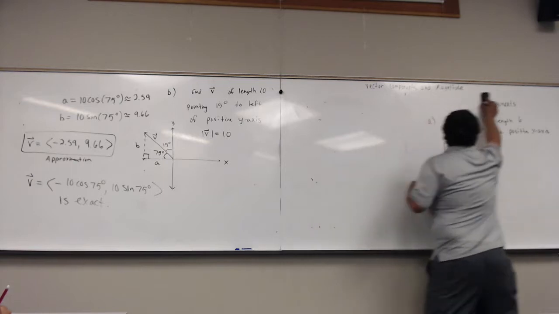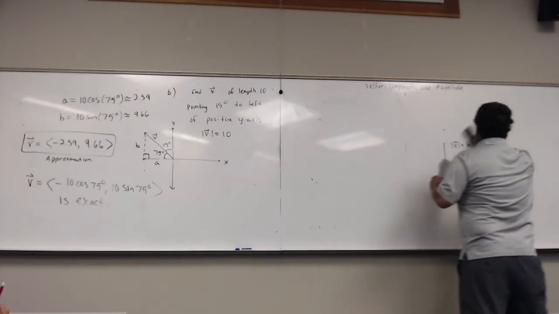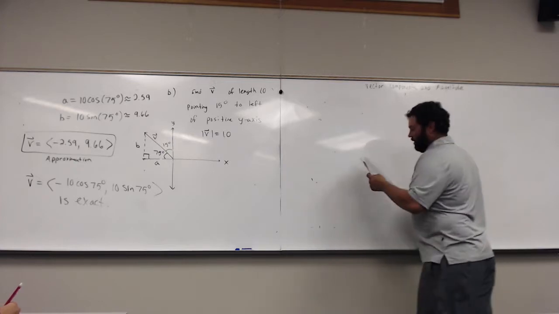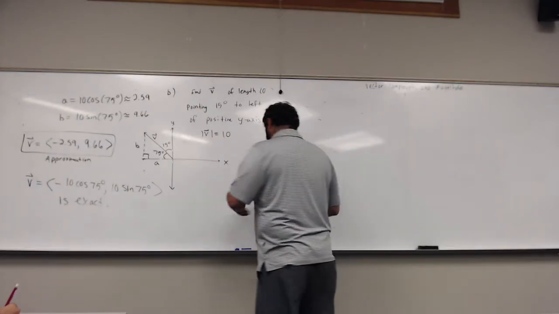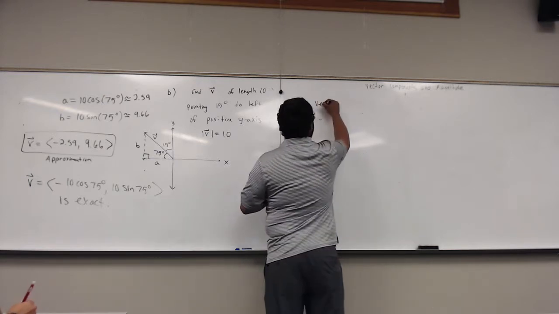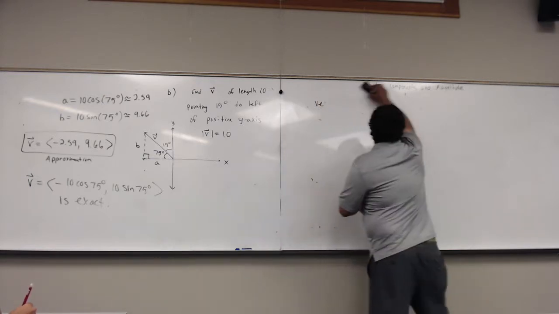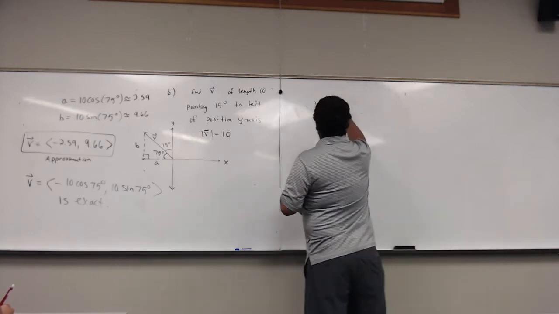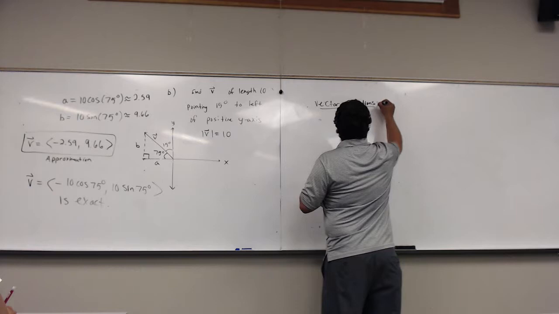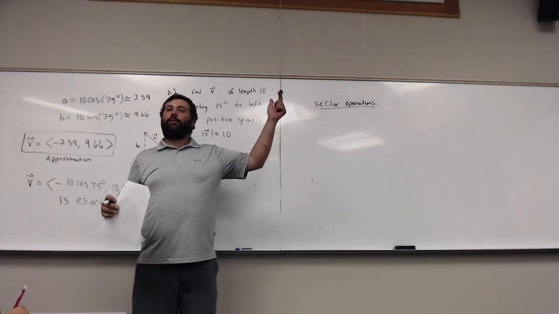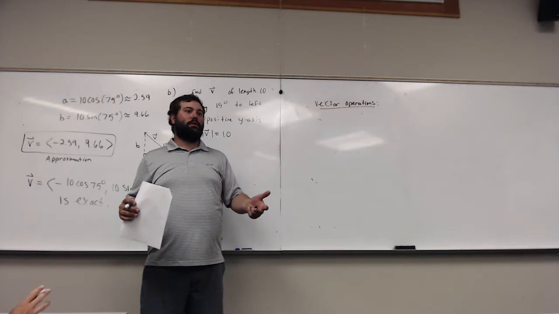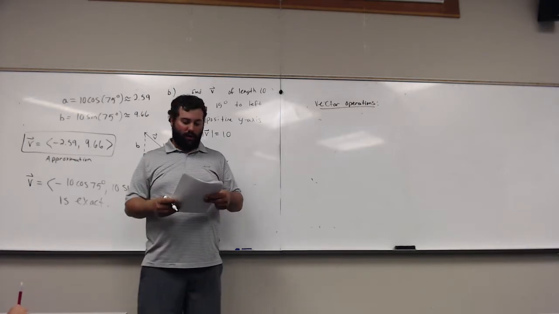So now we're just going to do some additional arithmetic of vectors using components and magnitudes. So vector operations in terms of components. Okay, so we saw before at the beginning of class you can add vectors or subtract vectors geometrically by using the triangle or parallelogram rule.